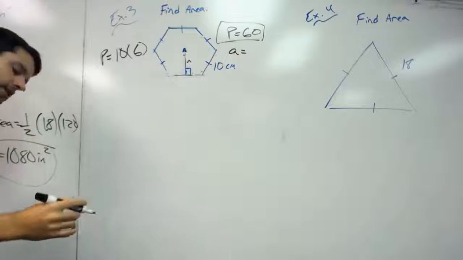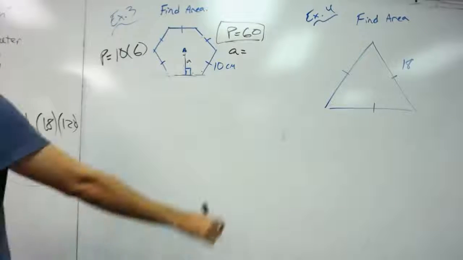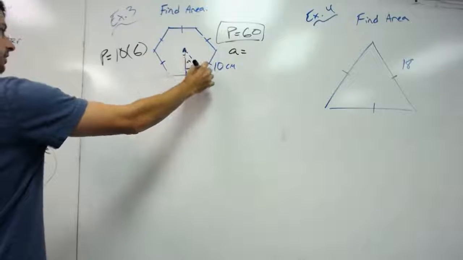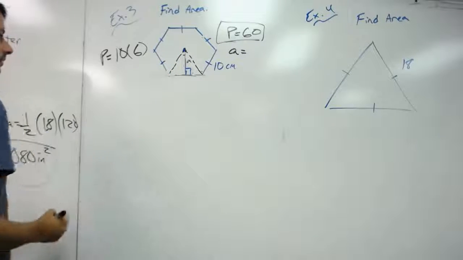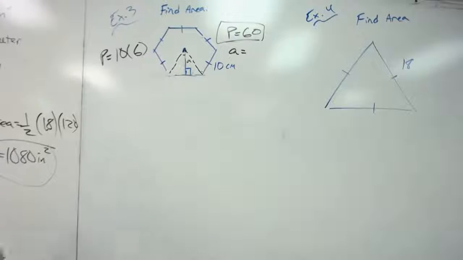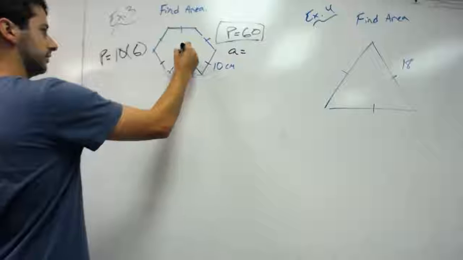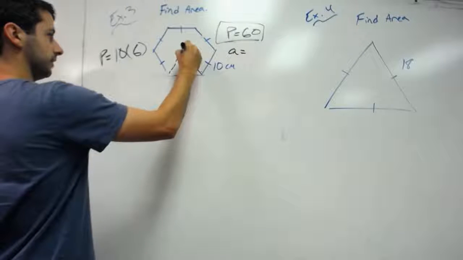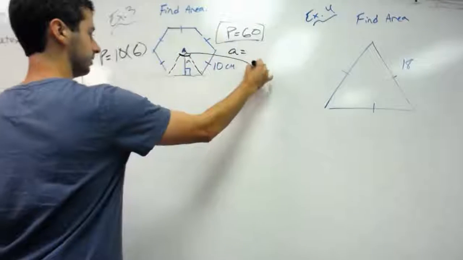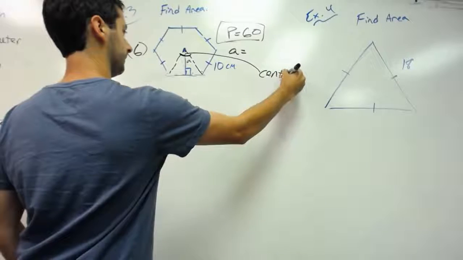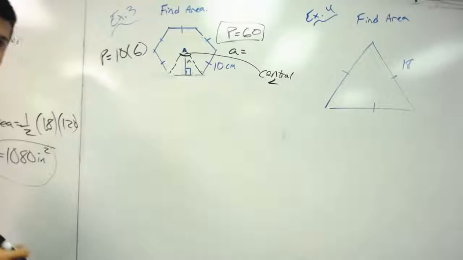Well, what you got to kind of do here is think outside the box and create a triangle. Now, when I create this triangle, this angle here is a central angle.